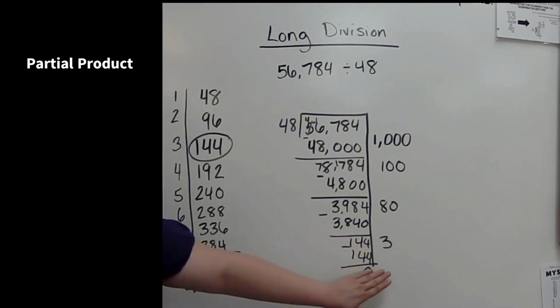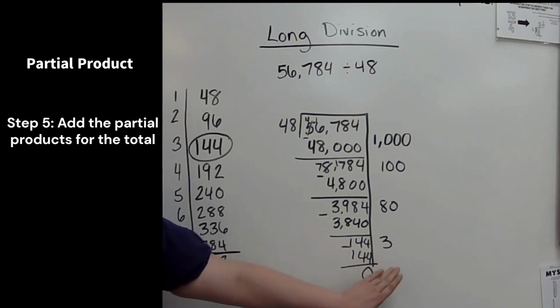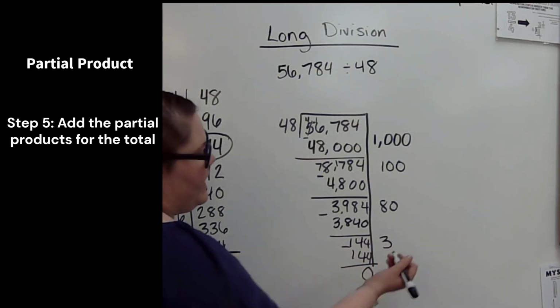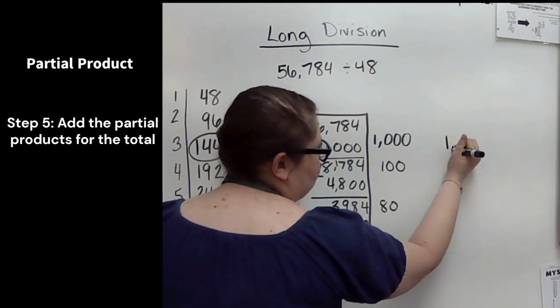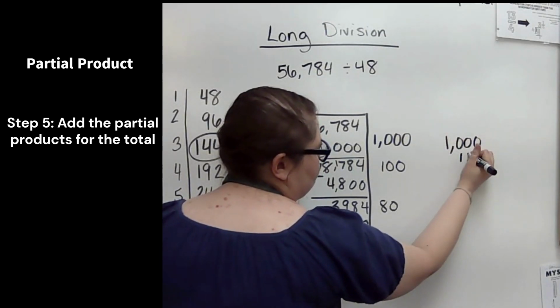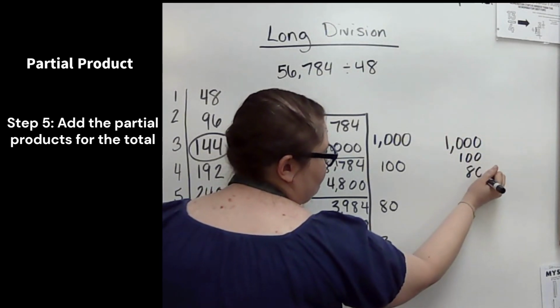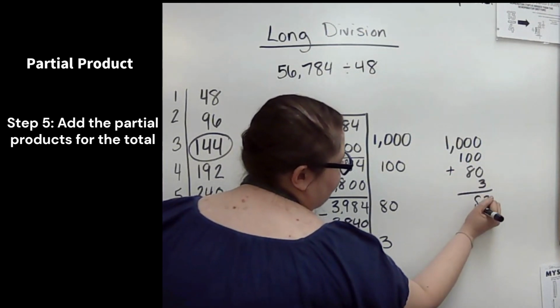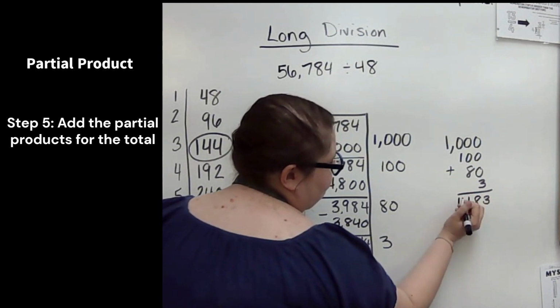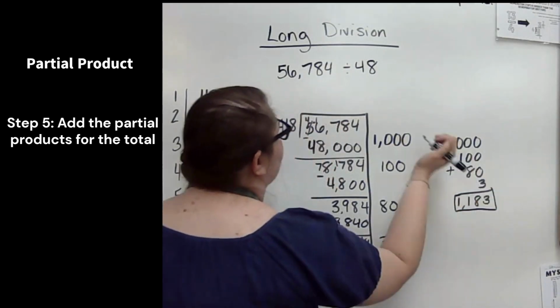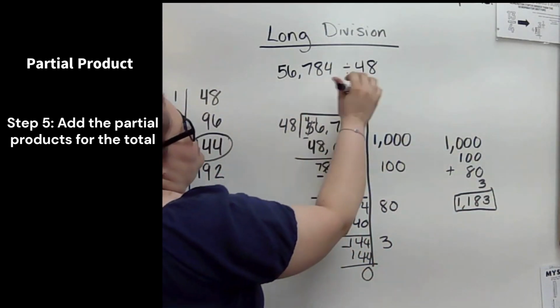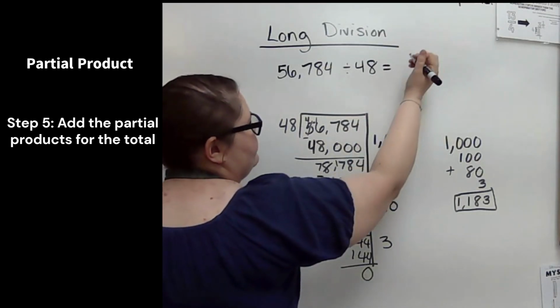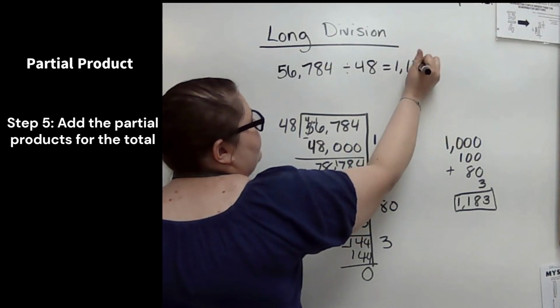Now I'm going to take all of these partial products that I found over here on this right side, and I'm going to add them together. So 56,784 divided by 48 is 1,183.